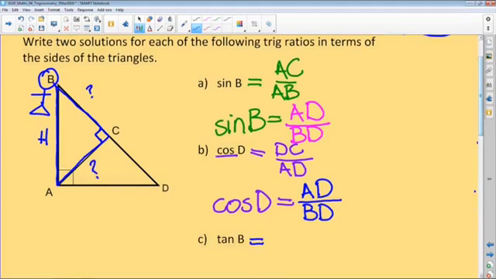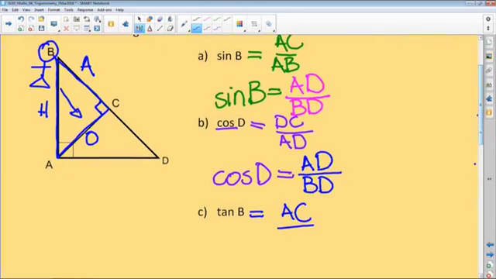I always find it easier to mark the opposite one first, because it's easier for me to think of myself looking across the triangle. And then whatever's left over is obviously your adjacent. Okay, so that means that tan B is AC over, because it's opposite, BC.